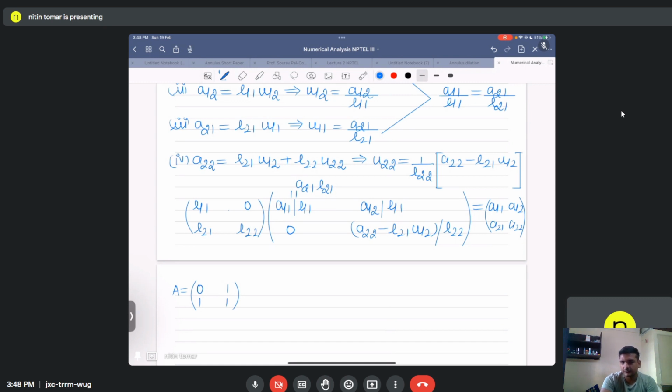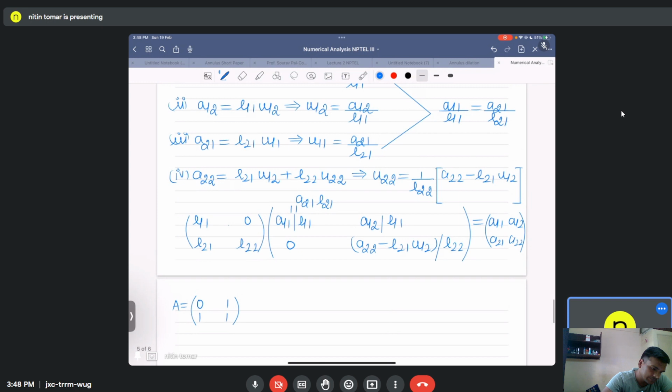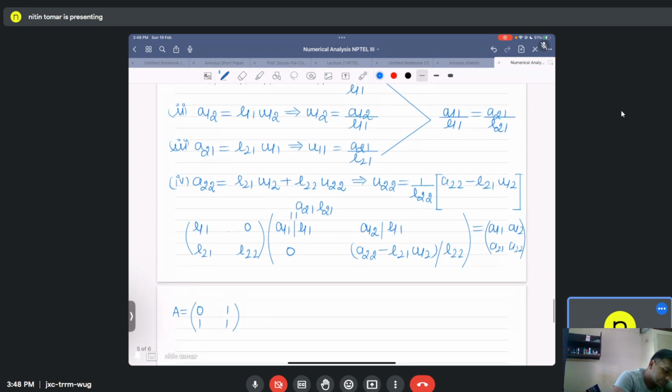No. So does it have an LU factorization? See, you check this condition, let's say this is condition star.